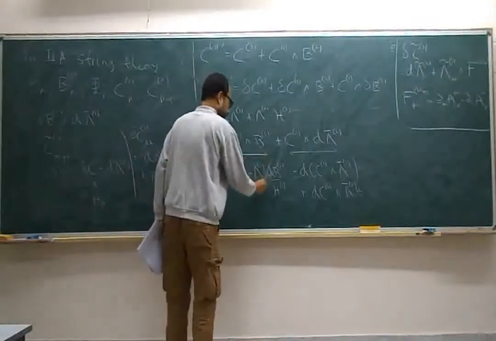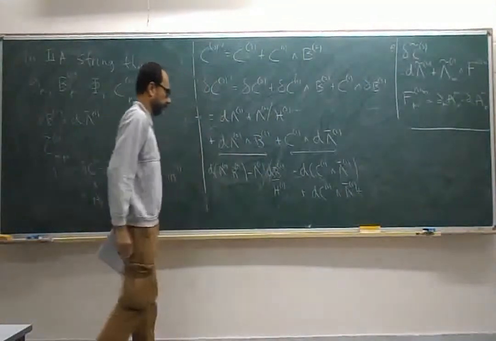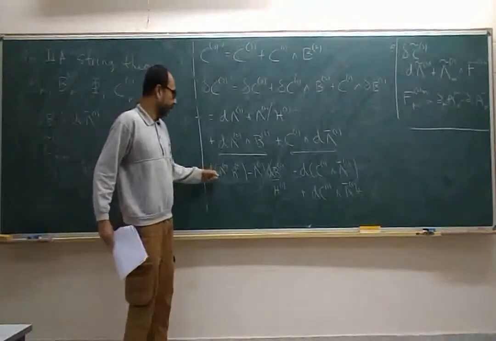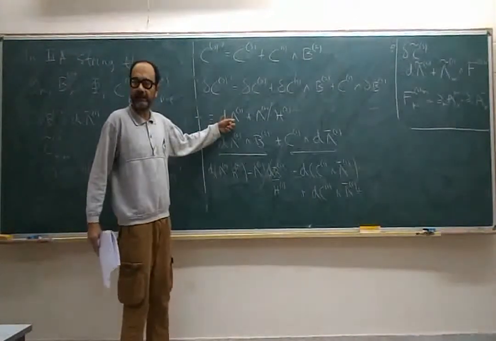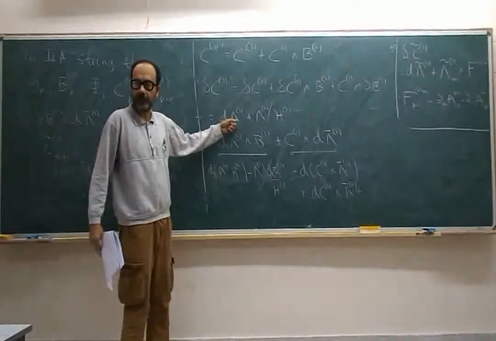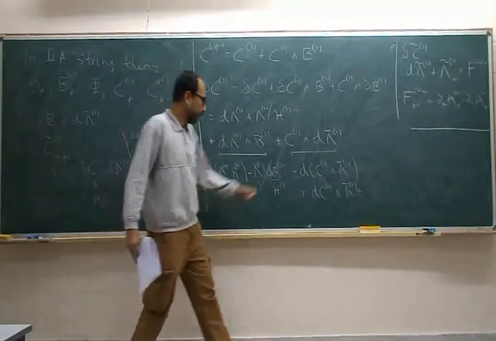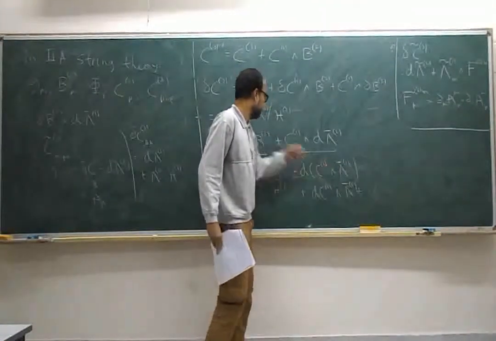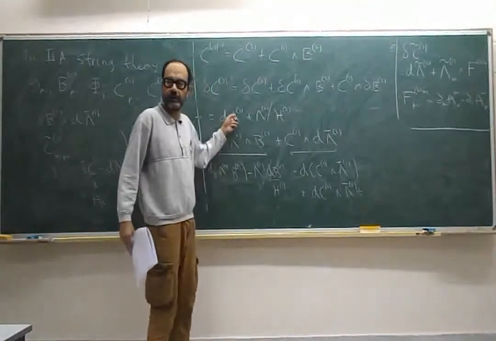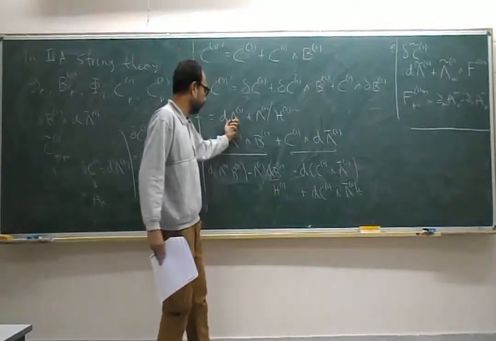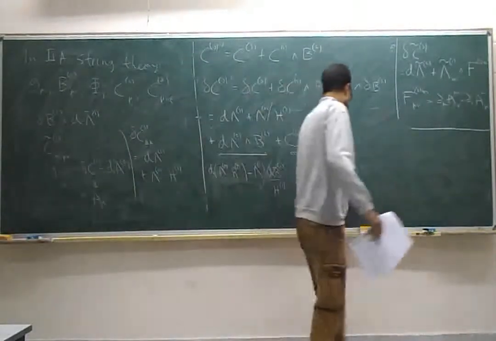So these two cancel. This one, d of lambda 0 b2, I can just redefine in the definition of lambda 2. It's after all, lambda 2 is an arbitrary 2 form, right? This is also a d of 2 form. Similarly, this one, d of this, I can absorb into the definition of lambda 2. That's some different parameter. What I am left with is d of something plus dc1 with lambda bar 1.